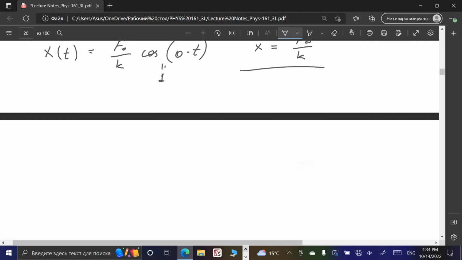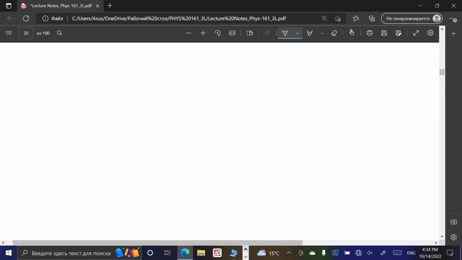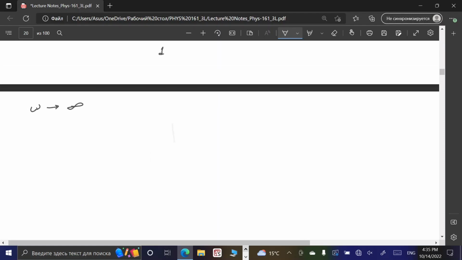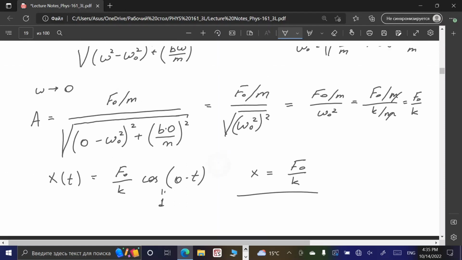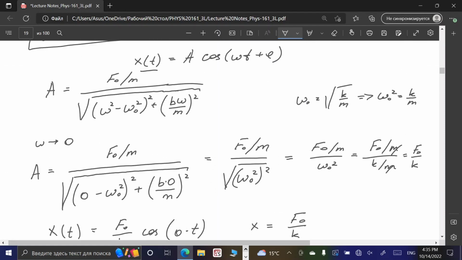So now let us consider one more option, and we were already at this extreme 0 case. Let's go to the extreme omega approaches infinity. So when we apply an external driving force with very high frequency. So let's see what we get. Let's look at this equation for amplitude.